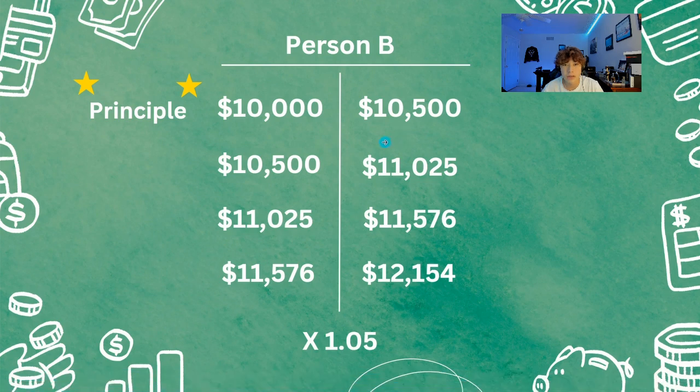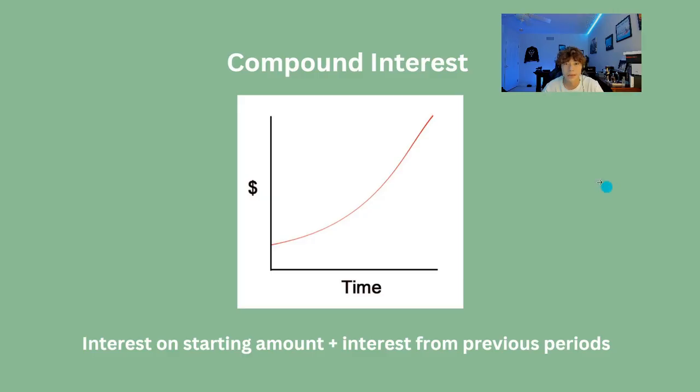But as you can see, the starting amount that next year is not going back to 10K because that $500 is staying in. So now you go up to $11,025 and that stays in. So the thing that person B is doing differently is that he's letting the interest stay in the account and not taking it out. And that results in him realizing something called compound interest, which is, of course, our term of the week.